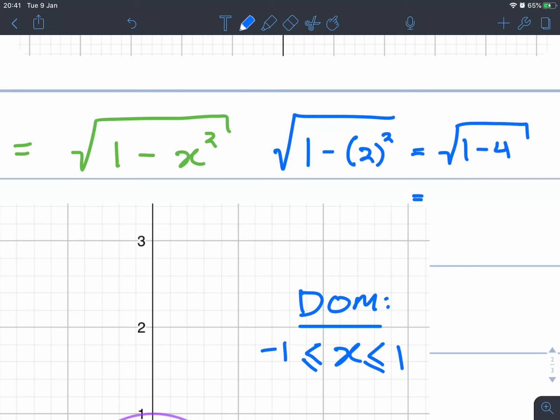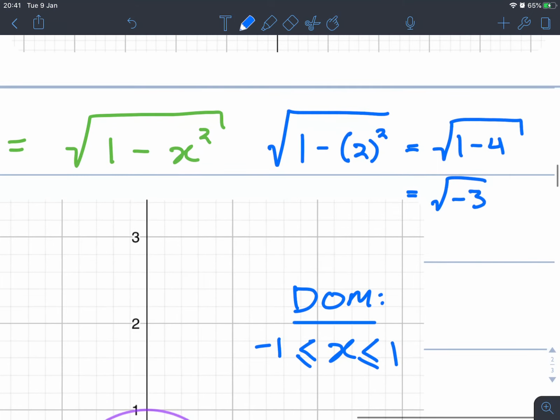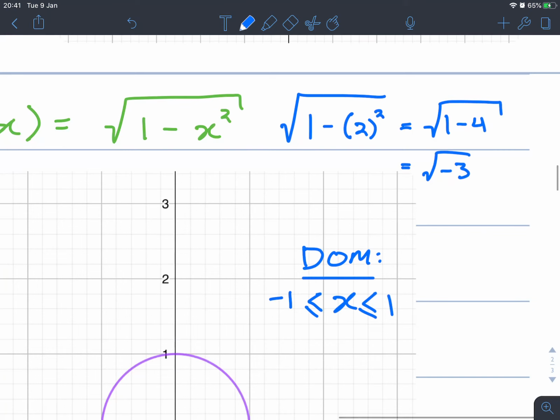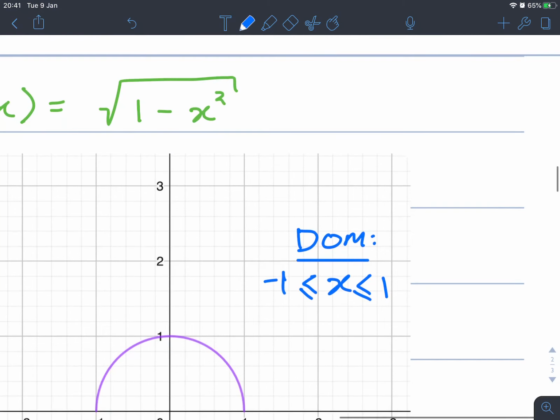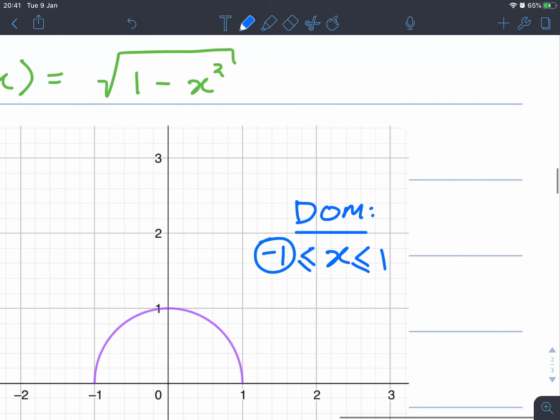Square root, and that will be square root of -3. And as I've spoken about in the previous video, square roots cannot be negative numbers. So the largest number this can be is 1, and likewise the smallest number this can be is -1. And in bracket notation, it's -1 to +1.